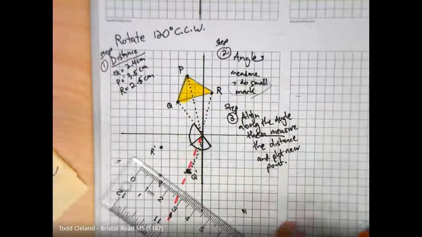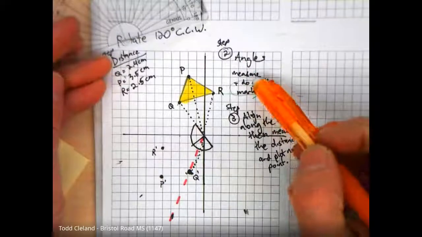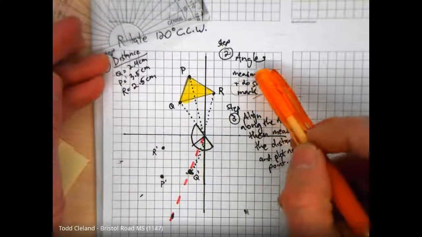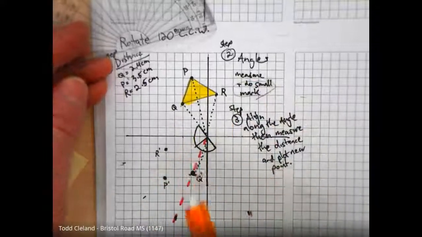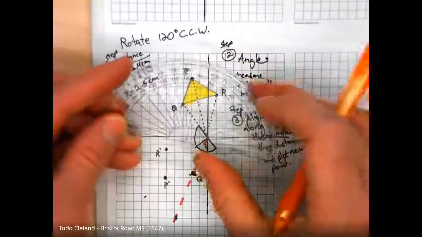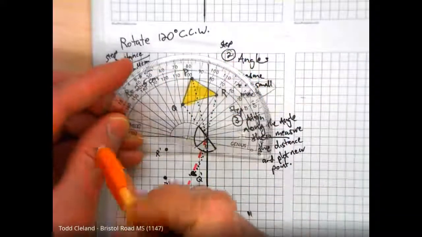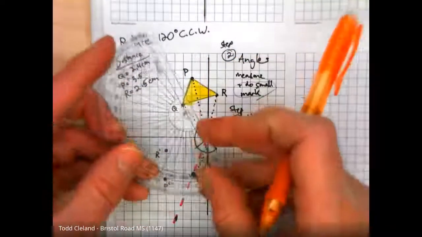That's step 1. Step 2, I get out my protractor, and I'm going to figure out my angle measurements and then make a little mark where the angles align. Now, the trick with this is we're going counterclockwise. So that means we're going to be going this way, not the other way. So I'm going to need my protractor to basically be upside down here.